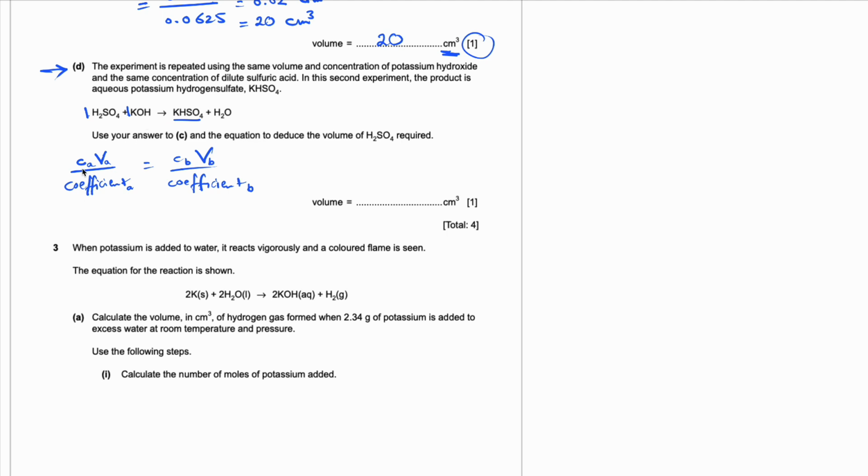So simply you take the concentration of the acid multiplied by the volume over the coefficient in the balanced chemical equation, which in that situation is 1, equals the concentration of the base times its volume over the coefficient. Since coefficients are going to be different here, we're just going to substitute directly into the equation.